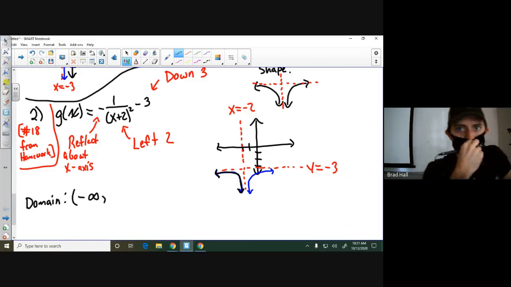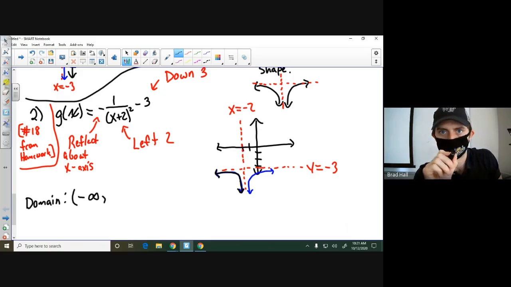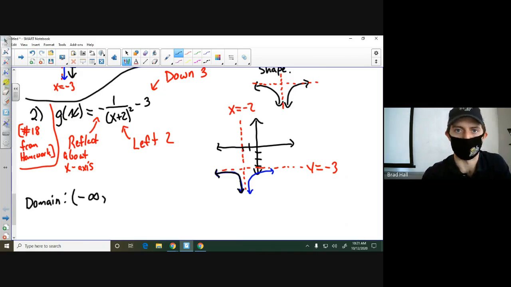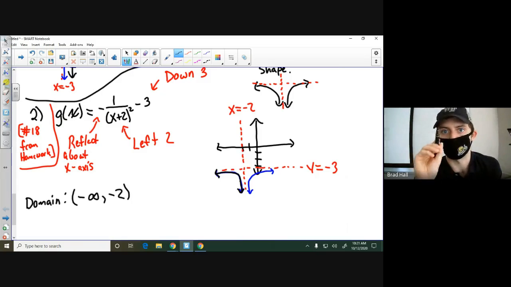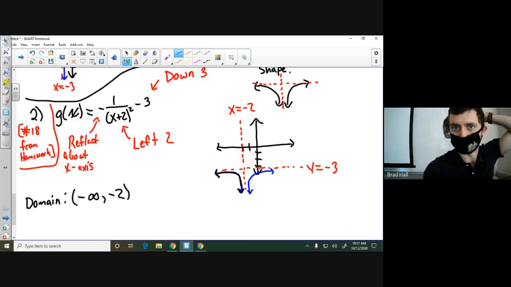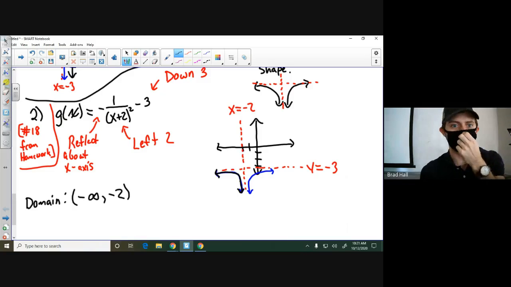So it's coming from -infinity, just fine. And then it stops at this barrier. This barrier tells us, all right, x can be everything, but not -2, because that's where the barrier is at. And notice I use parentheses because there's a barrier there. If I didn't use parentheses, then that means we would be able to equal -2. That wouldn't be a very good barrier.